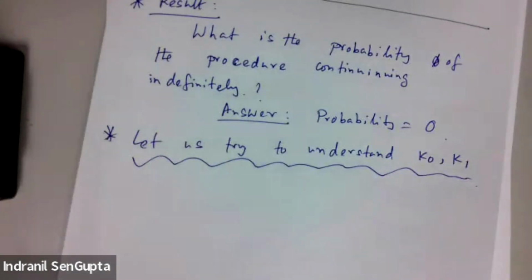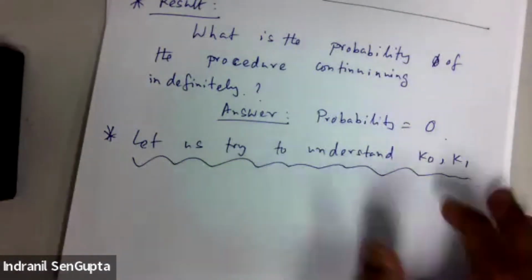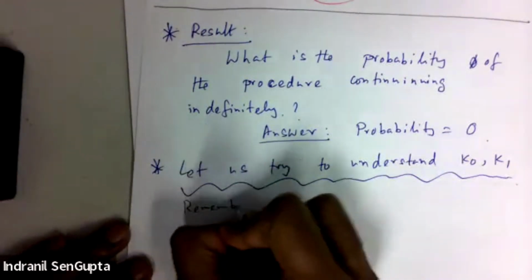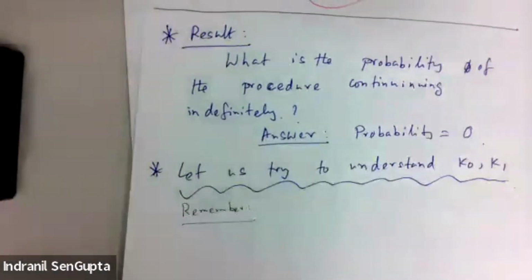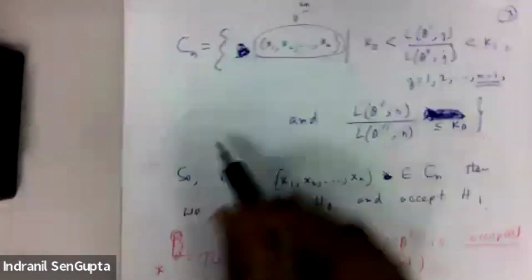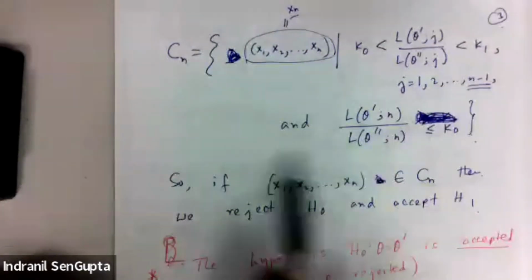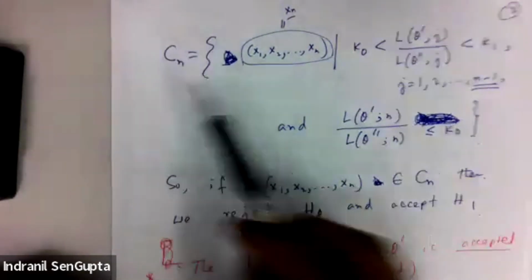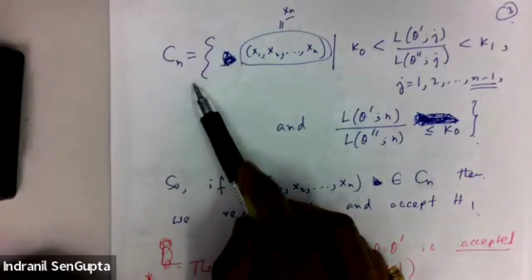Okay. Now for this, I'll be reminding you that this is what we have. Okay. Remember that we have this. I'm copying this one. So we have some Cn, which is a critical region for rejecting the null hypothesis.